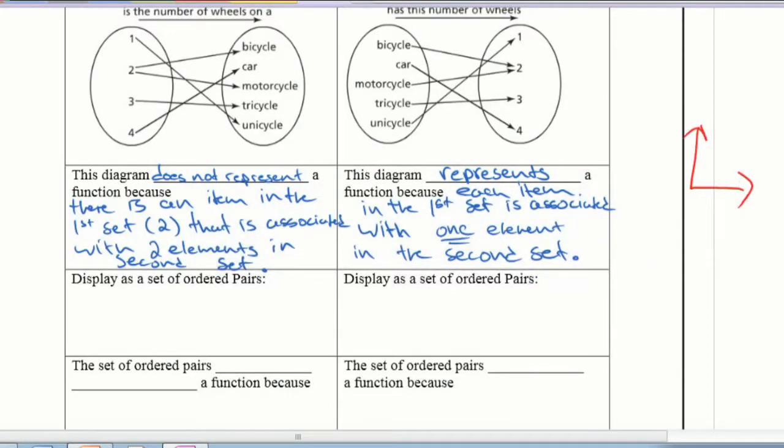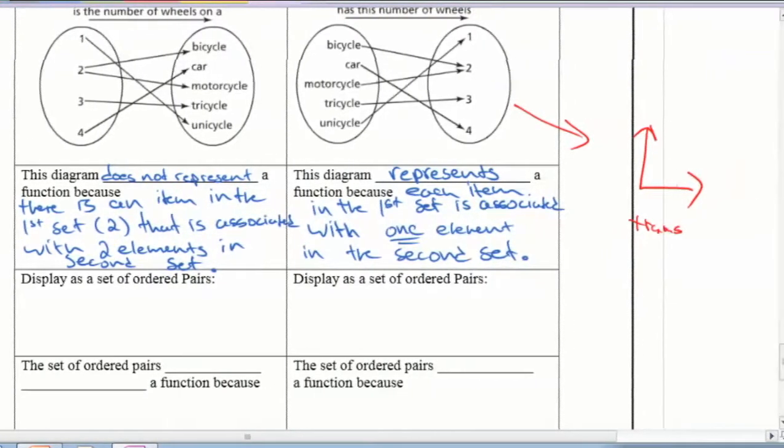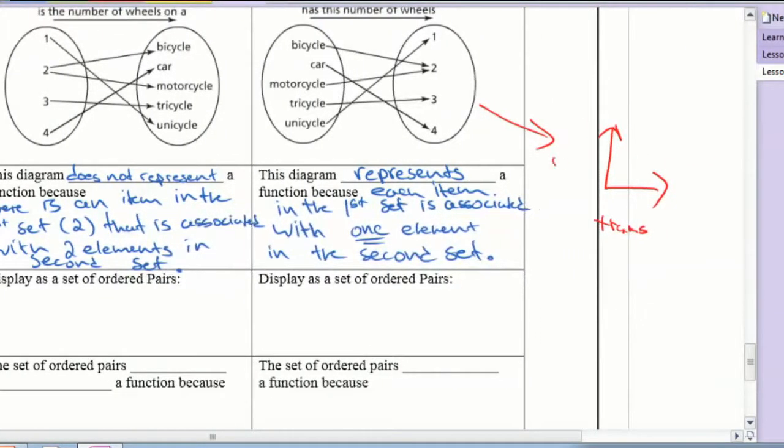For the second example here, we'd have transportation on the bottom, and then we'd have wheels on this one, and we'd have 0, 1, 2, 3, and then we'd have like bicycle, and then we'd have a little dot here. It doesn't represent well as a chart, so we probably wouldn't do it as a graph just because it kind of looks a bit weird.